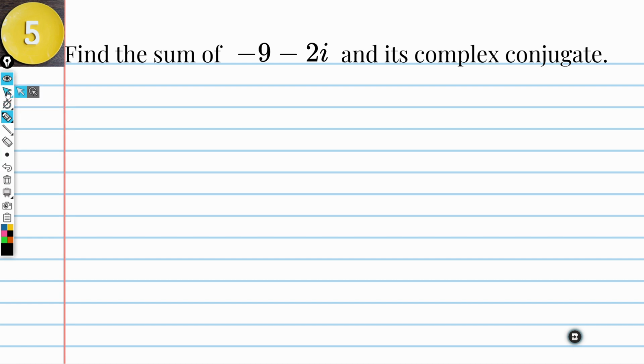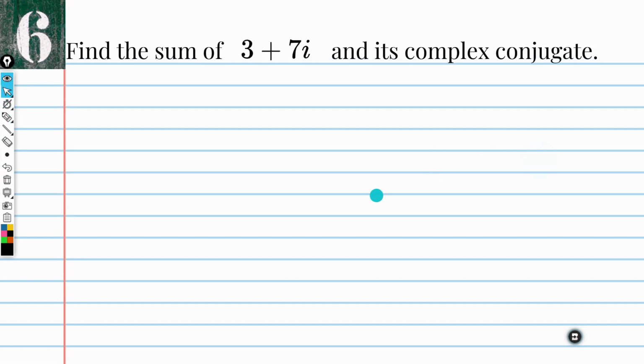Let's do another one. Let's find the sum of 3 plus 7i and its complex conjugate. So step 1, find the complex conjugate. Now let's add them.